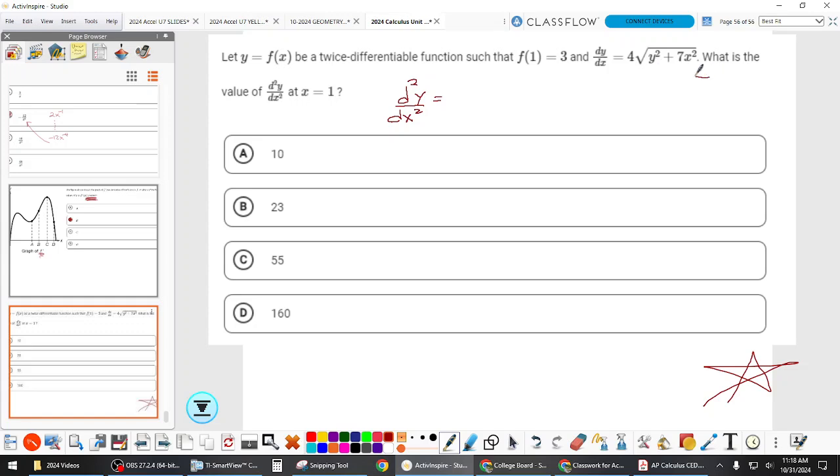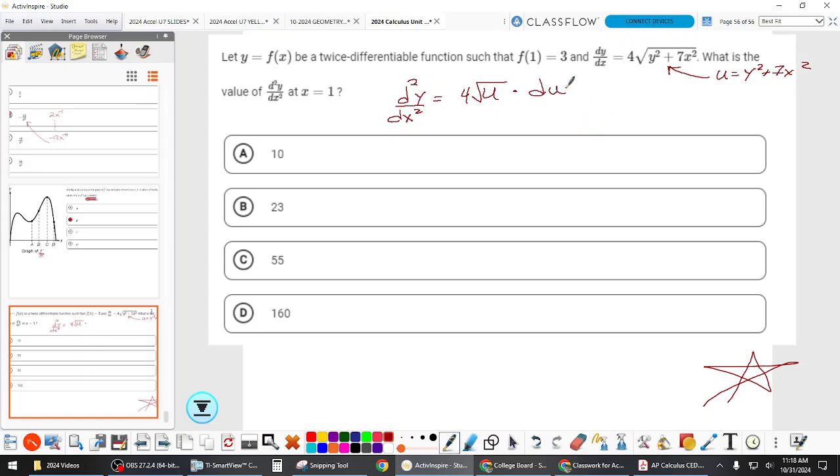If it helps you, you could define u or whatever letter you like as that inside, and then this would be 4 root u times du dx and dy, like we're doing it. We have to do it relative to both, so I'm just going to write times du.